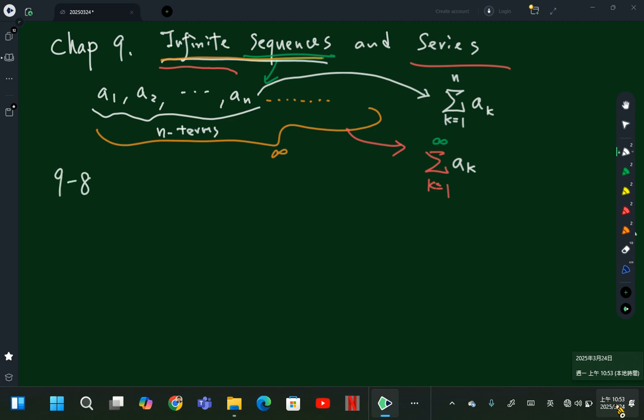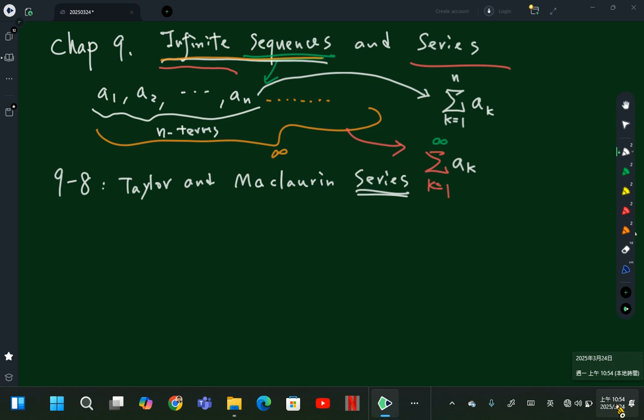In section 8, we will talk about the Taylor series and Maclaurin series. See, actually they are also series, but we just name them Taylor series and Maclaurin series.